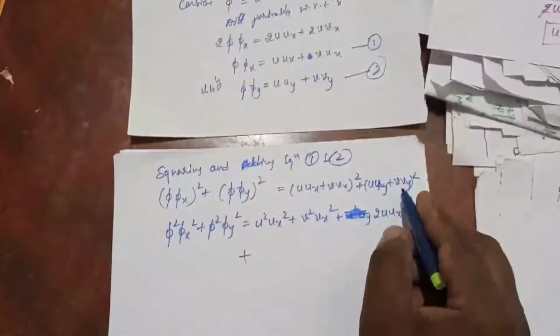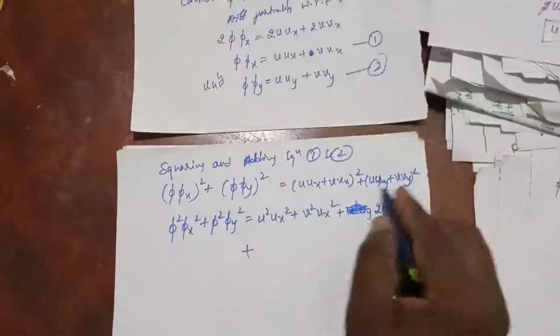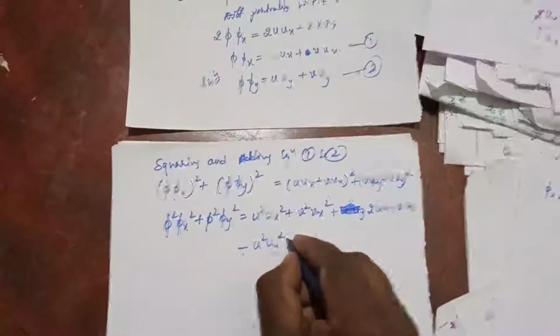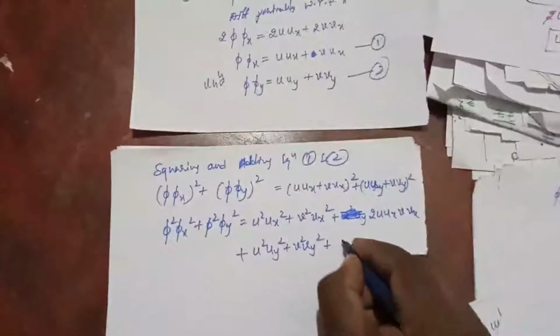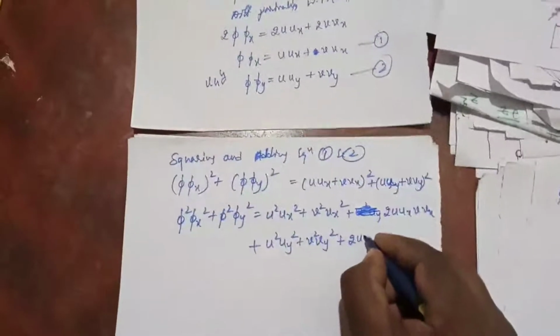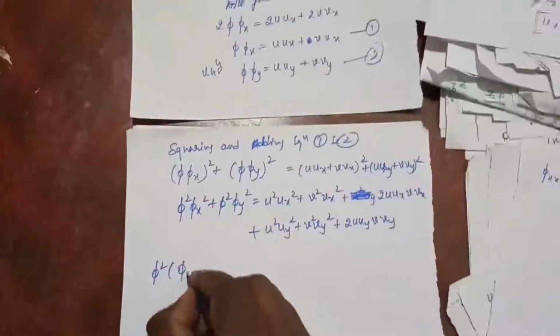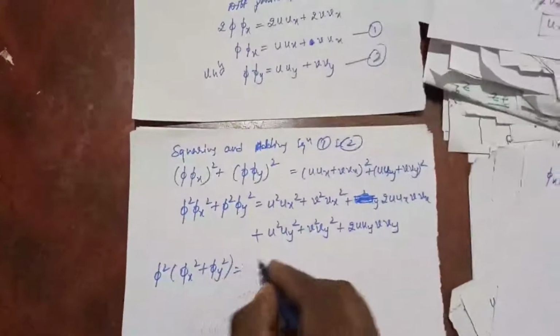Similarly, for the second term also we apply the same (a plus b) whole square: u square u y square plus v square v y square plus 2ab again, 2 u u y v v y. Here phi square is common on the left.